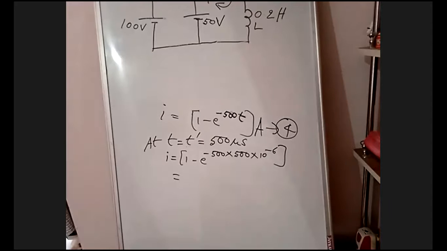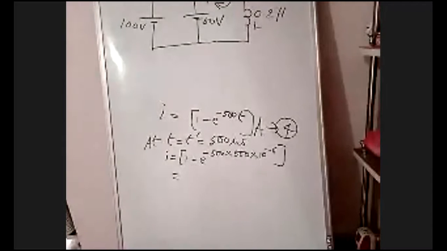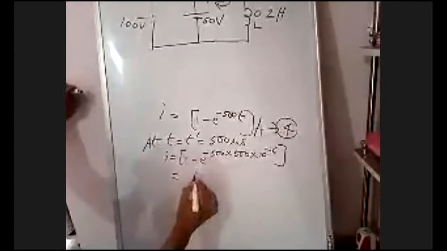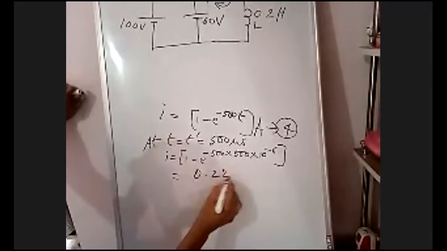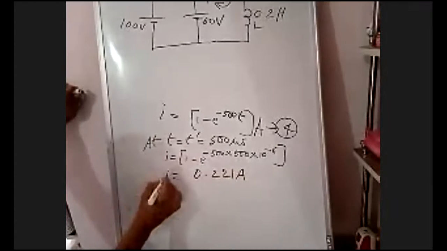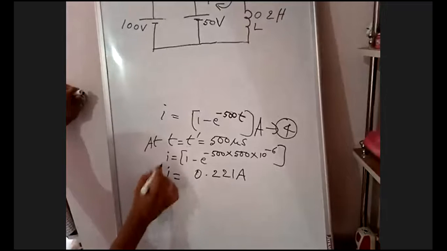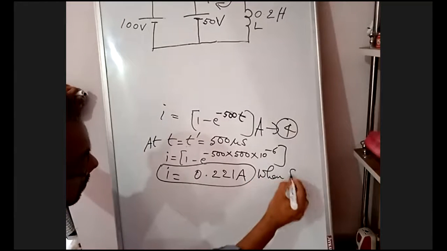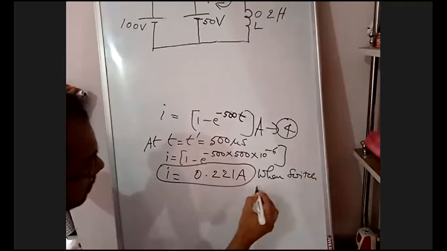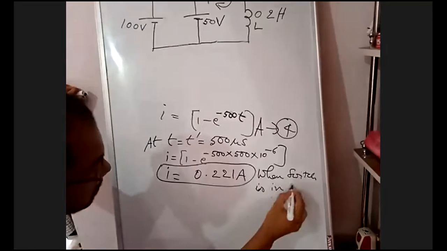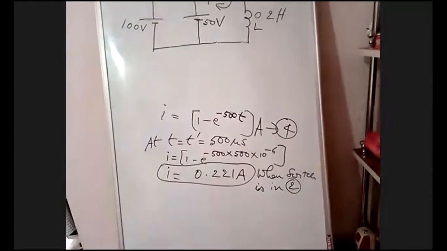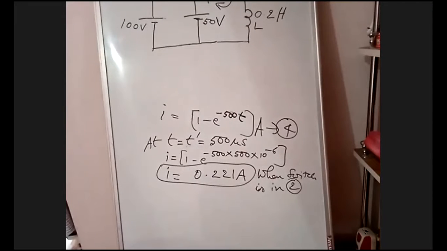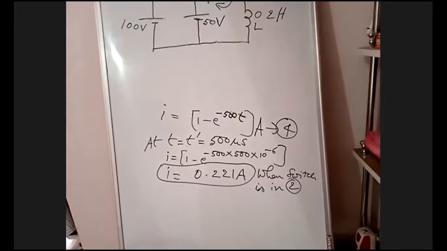How much you'll get? 0.22. Okay. Therefore, this is the initial current when switch is in position 2. So at t is equal to t dash, your initial current is 0.221 ampere, not 0.